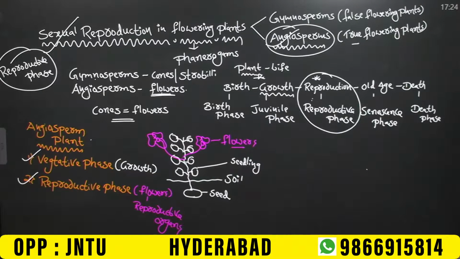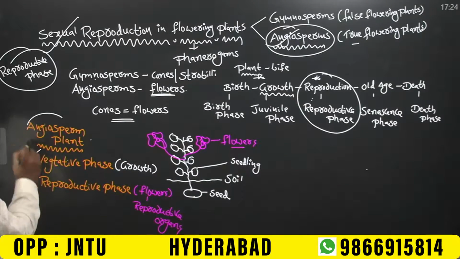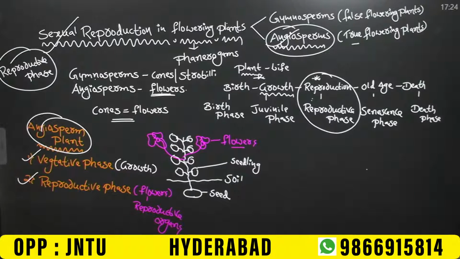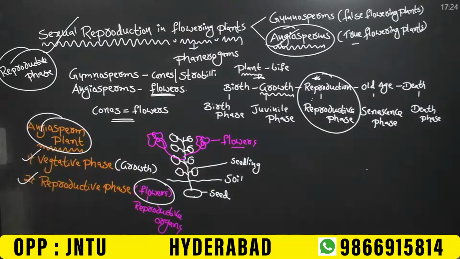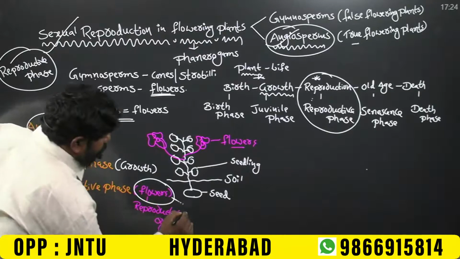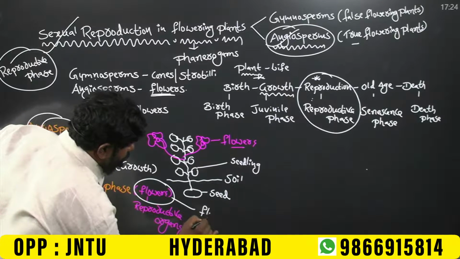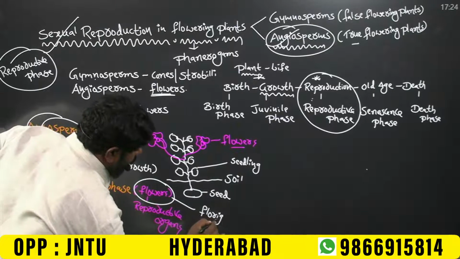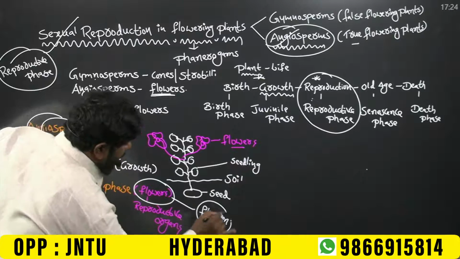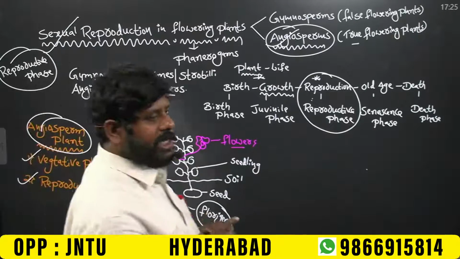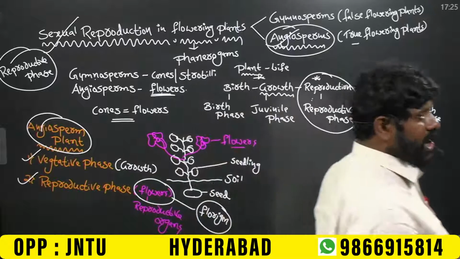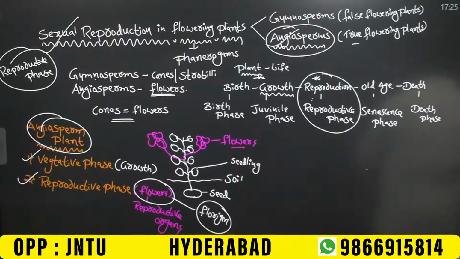In angiosperms, one hypothetical hormone is responsible for producing the flowers. What is that hypothetical hormone? Florigen. Very important. Florigen is the hypothetical phytohormone responsible for producing flowers during the reproductive phase.